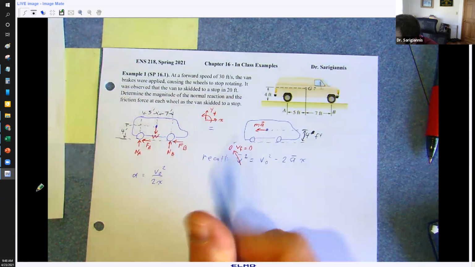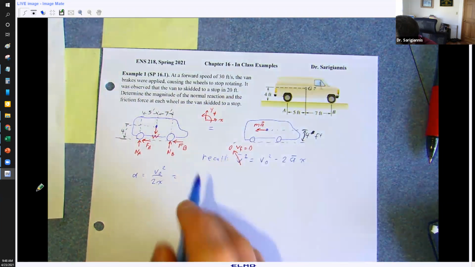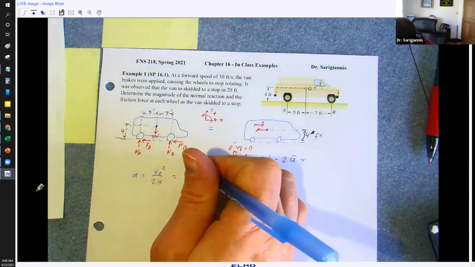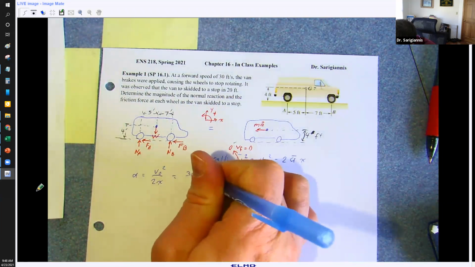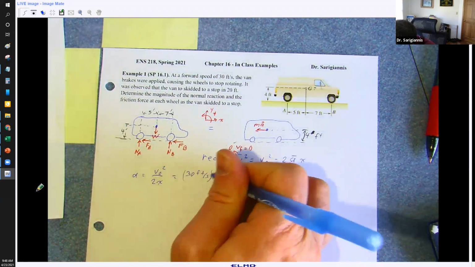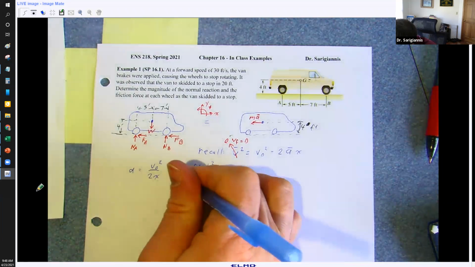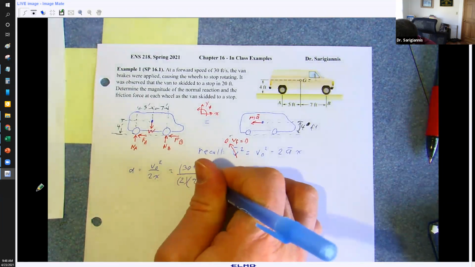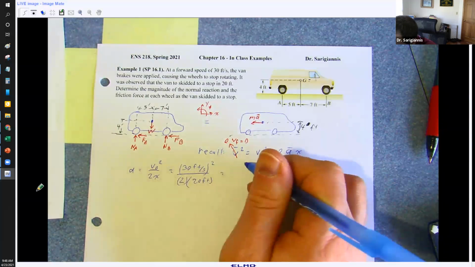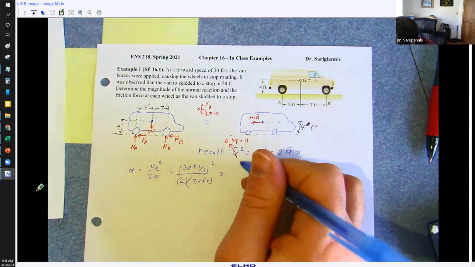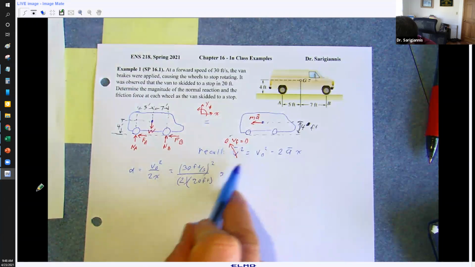Skidded to a stop in 20 feet. So what do we have? We've got 30 feet per second. These are just the equations of motion. And then we've got 20 feet. Let's see.